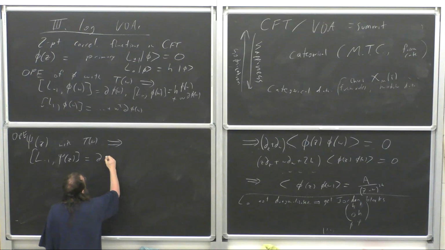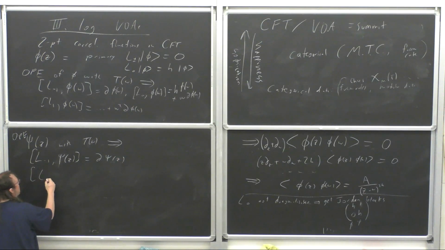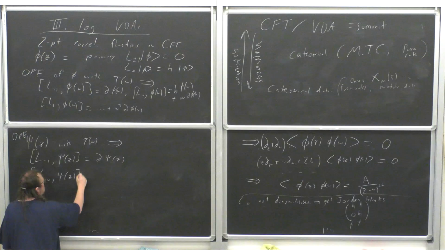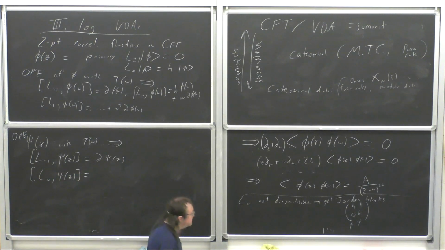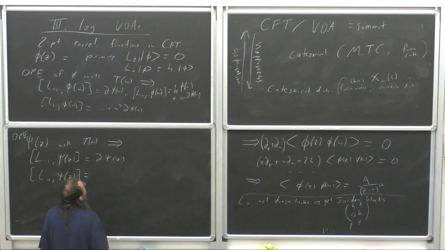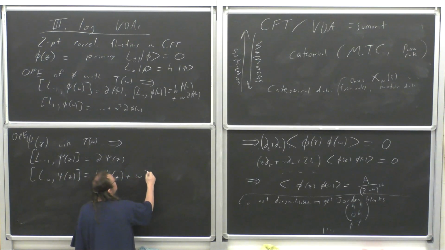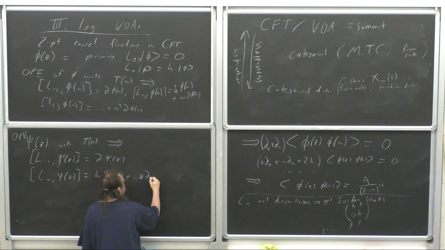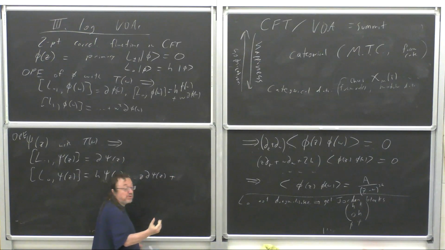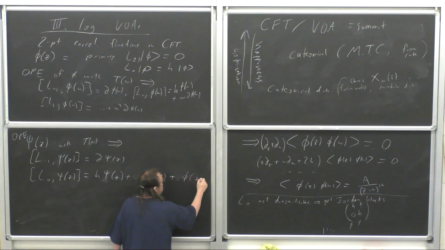But this one is the same as before, almost. So it's going to be H times the field plus Z partial of psi plus its partner. Did I get that right?